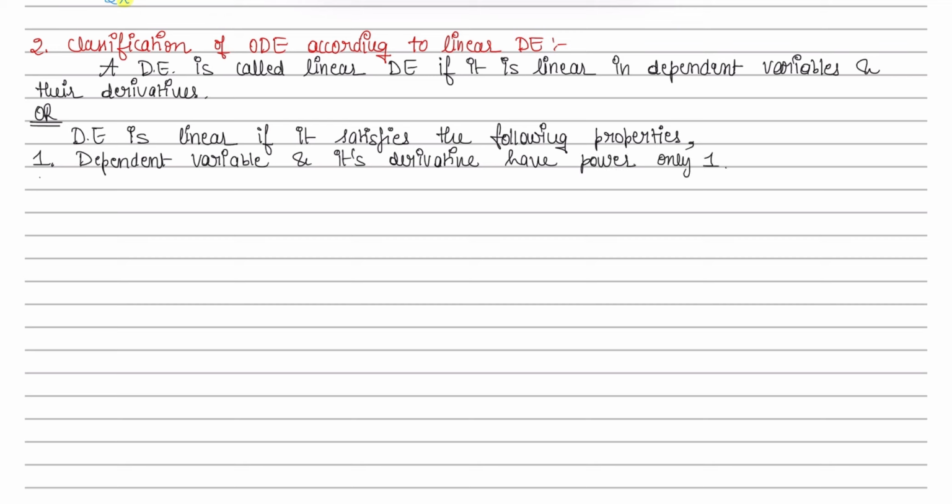The second one, there is no product between dependent variables or its derivatives.